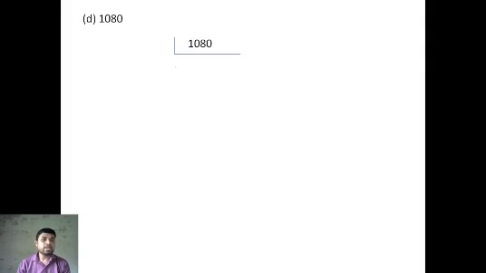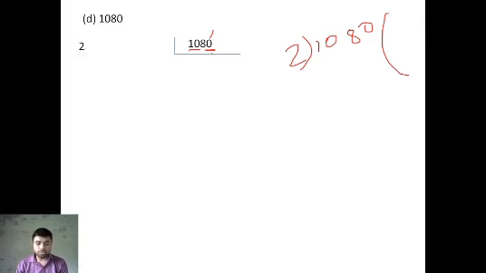Now come to this. Look, it is an even number, so obviously it will go by 2. Why? The last digit is 0, that means it is divisible by 2. So do it here: 2 and 180. Do the division or do it by mind. How to do it by mind? Look, 10 gives 5, and 80 divided by 2 is 40, so it will be 540.